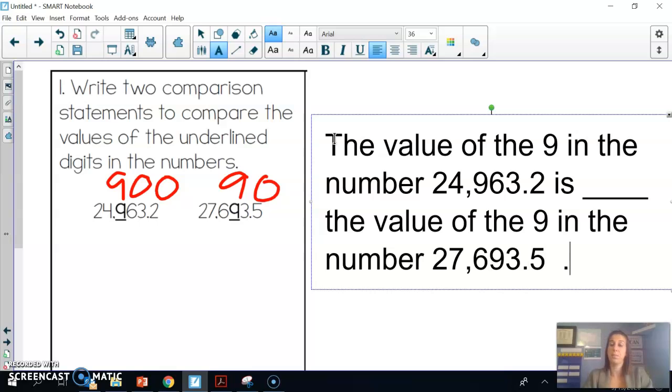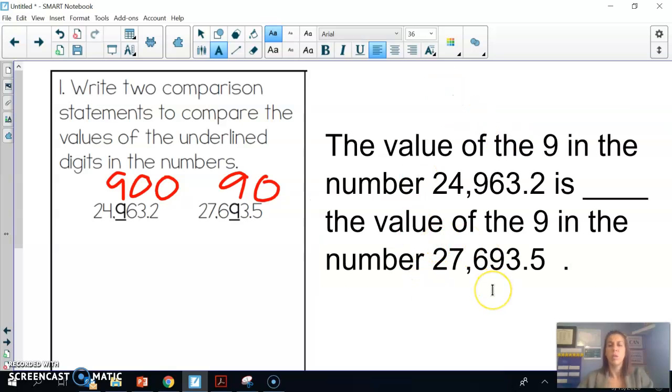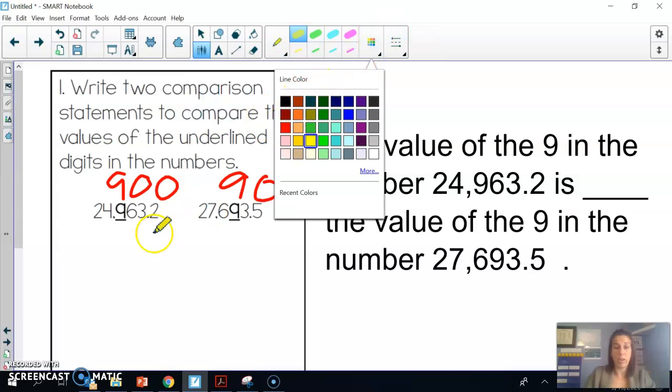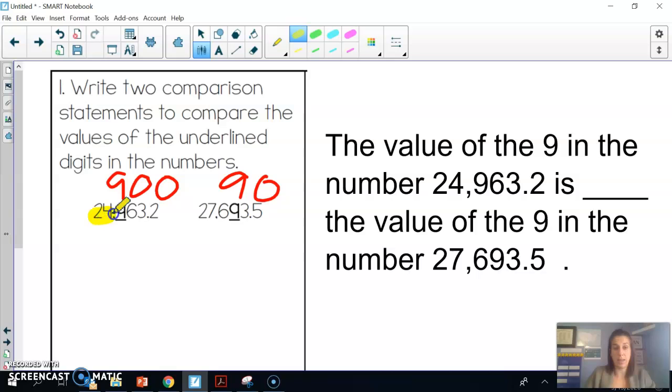5/10. Then you can think about it for a minute. You can say, okay, what is the value of the 9 in this number here? What is the value of the 9, if I highlight here? What is the value of the 9 in this number compared to the value of the 9 in this number? And I can look. The value of the 9 here is 900.